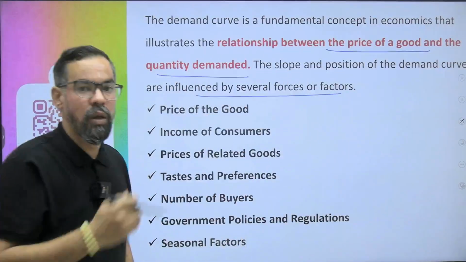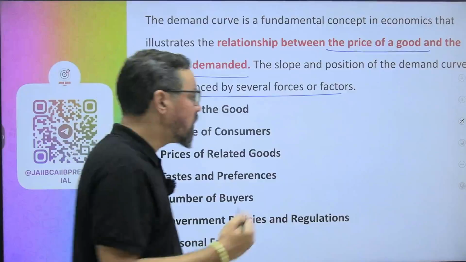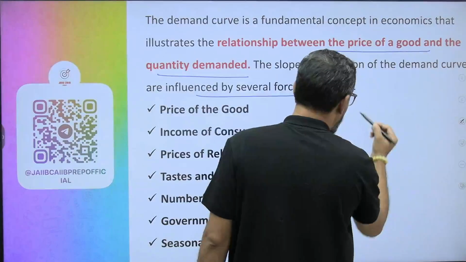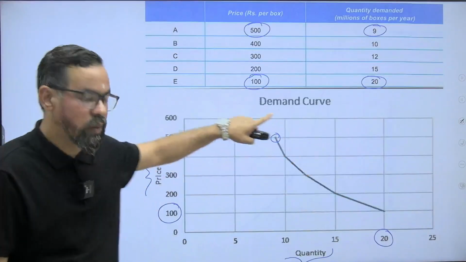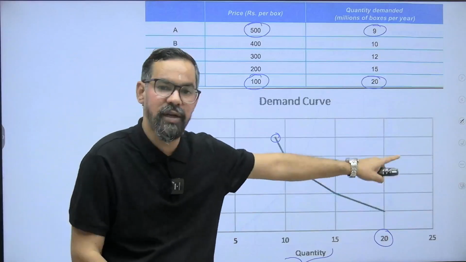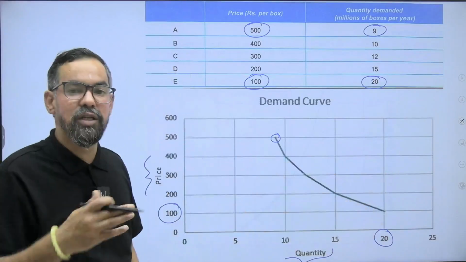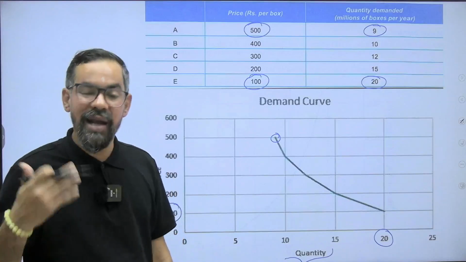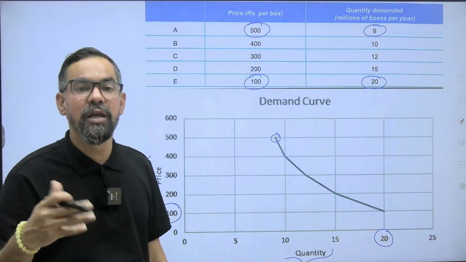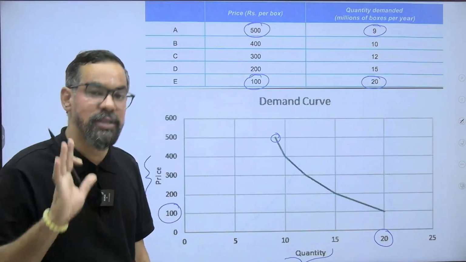If it is moving downwards to the right, that means the quantity demanded is increasing, or there is a high demand for that good or service.